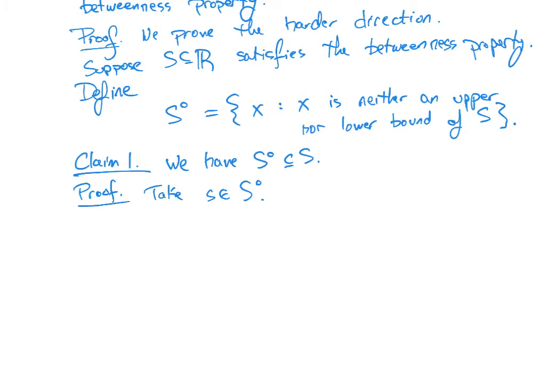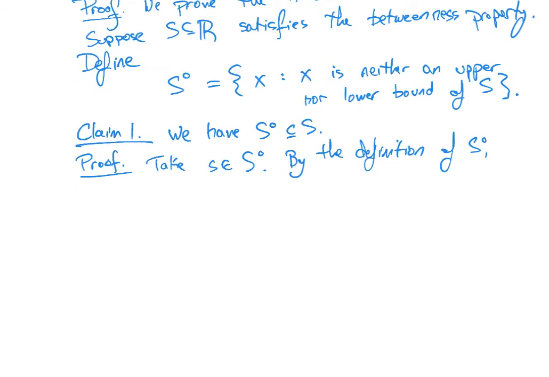The rule with s is it's not an upper bound and it's not a lower bound. That means there have to be elements of S, of big S, on both sides of it. So by the definition of S naught, there are x and z in S with x less than s less than z.